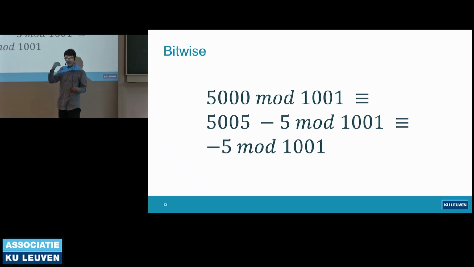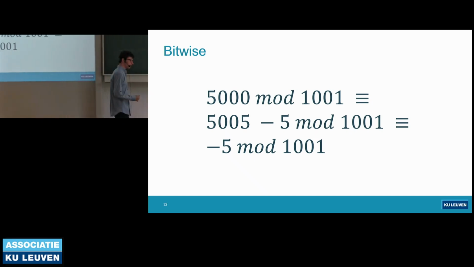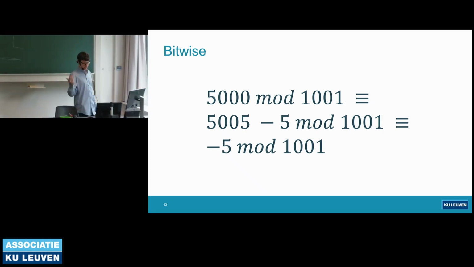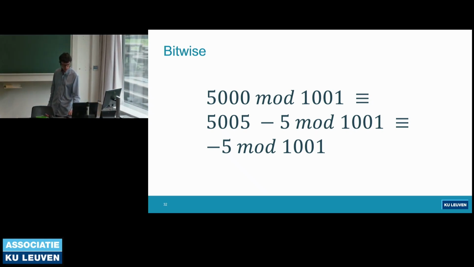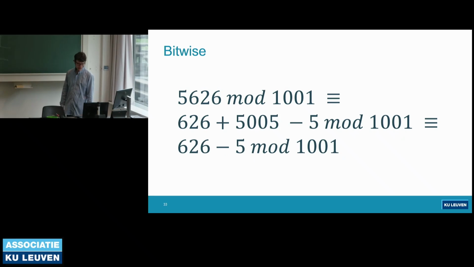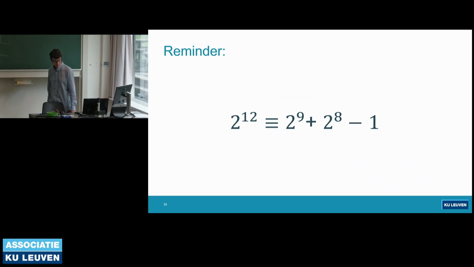And x thousandths is just minus x when you're working modulo 1001. So now calculating 5,626 modulo 1001 is easy. You do 626 minus 5. Problem solved. And so you do the same thing here.